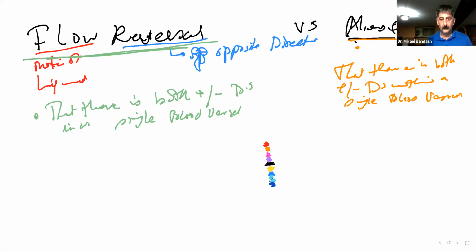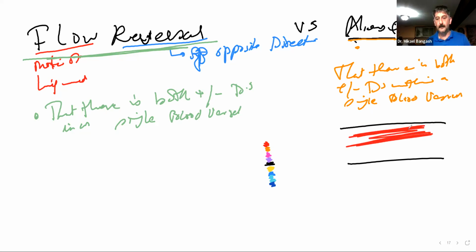Now, in a blood vessel, if for instance we had aliasing, let's say we had a positive Doppler shift where the speed of the blood was more than our Nyquist limit, we would have aliasing, which looks like this.